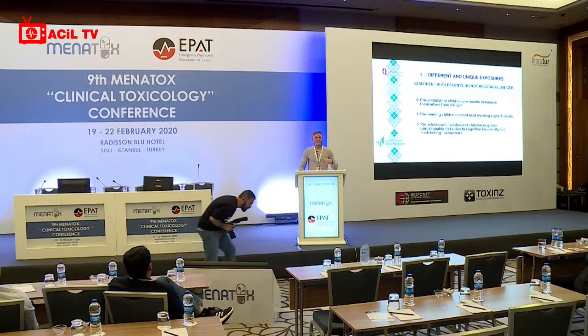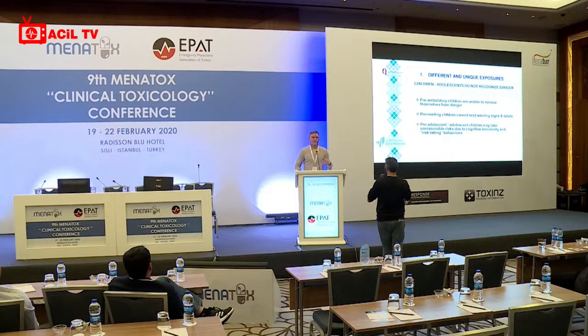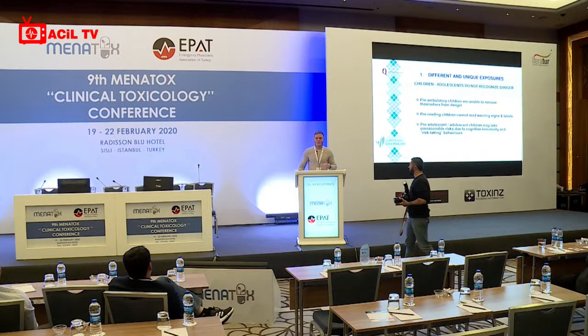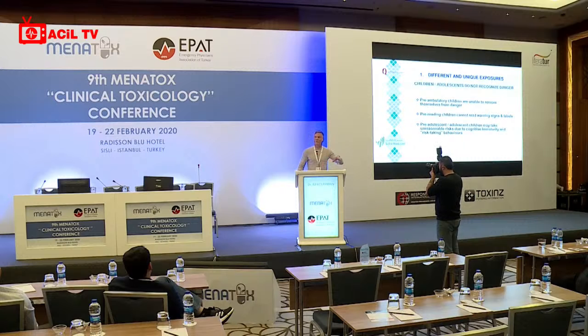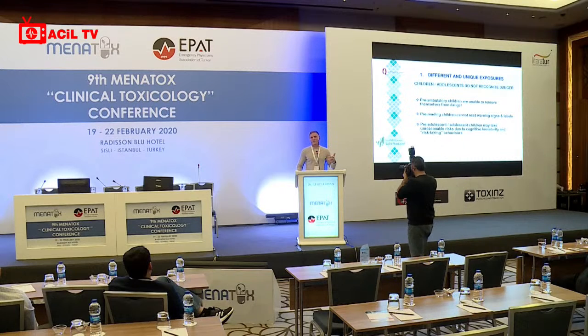One thing about children has to do with behavioral differences. Younger children either can't recognize danger, or an older child, like an adolescent, recognizes but ignores something as dangerous. I won't read through all of these, but younger children can't specifically remove themselves from a dangerous situation, and won't necessarily know that a situation is dangerous.